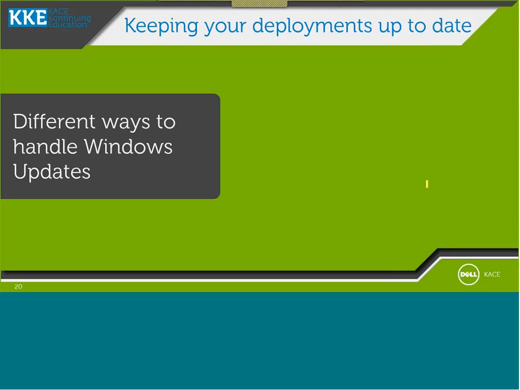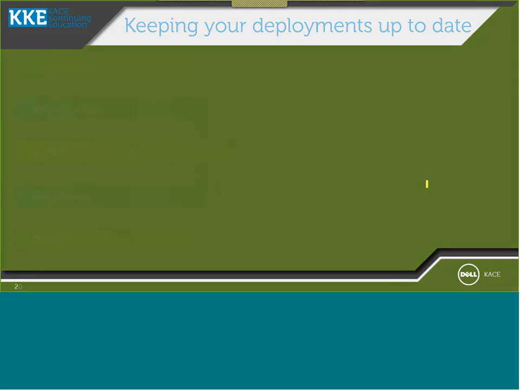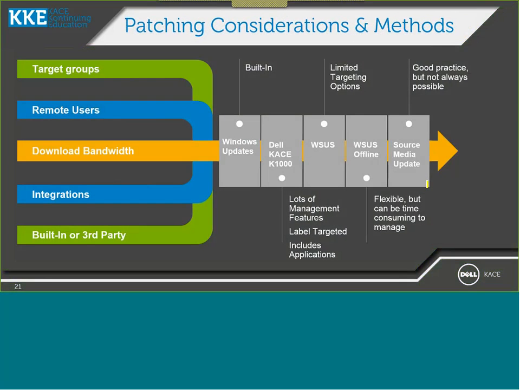That is a very lengthy process. There are different ways to do that. It also depends on where the machine is located, where it goes. So depending on whether you have remote users, if you hand out the machine and the machine is remote, it must get the updates somewhere. So it might depend on the download bandwidth, on the target groups. So there are lots of different considerations.